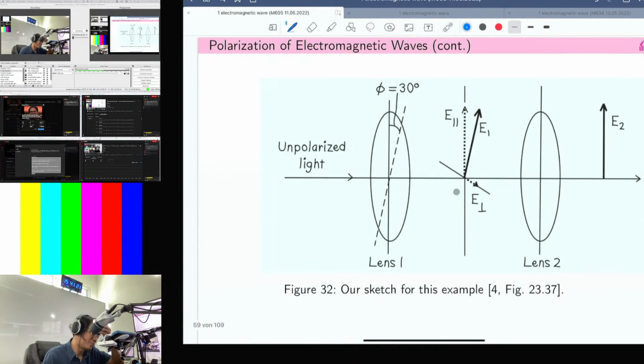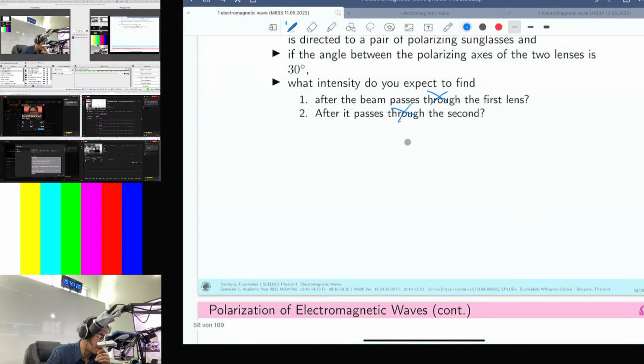That's the whole thing that happens in this example.